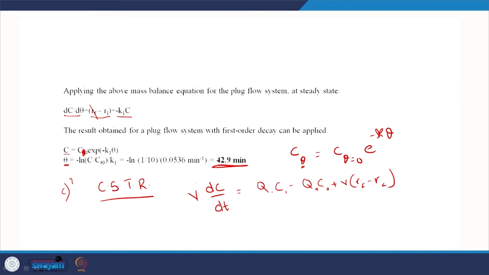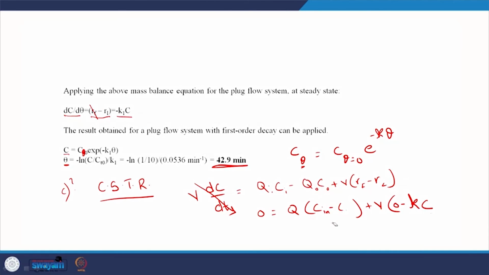Here if it is at steady state, this is 0. So, what else do we have? Here 0 is equal to Q into C in minus C out plus volume into rate of formation, which is 0, minus rate of loss, which is k times C. But C and C out are the same.